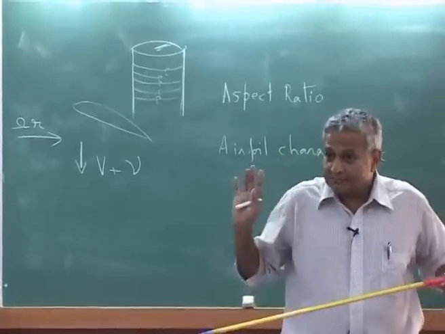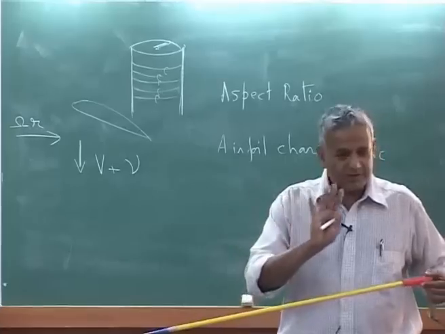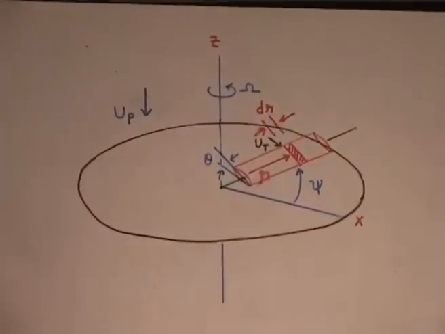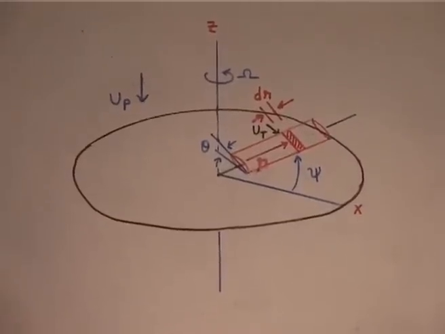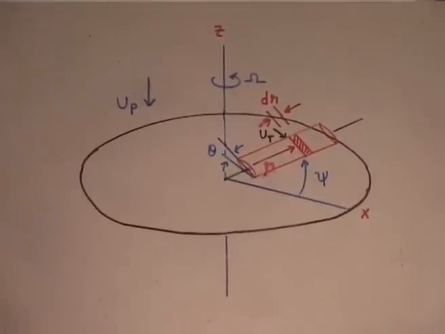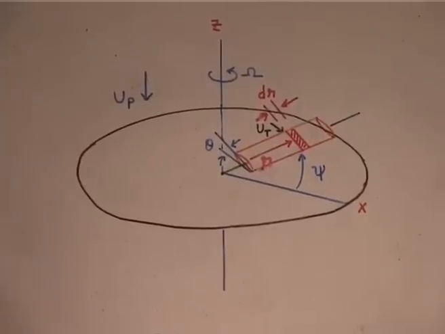There is omega r. Let us first consider hover and vertical flight, where the disc can go straight up or down. We will do that later. Vertical flight, up and down, has its own complexities. We will do one by one slowly.